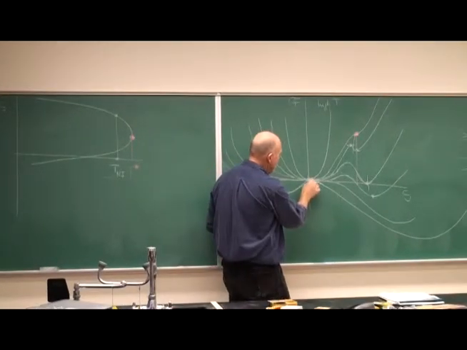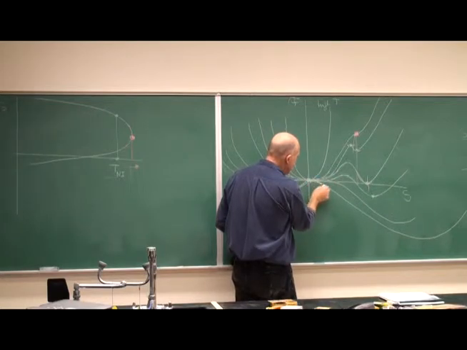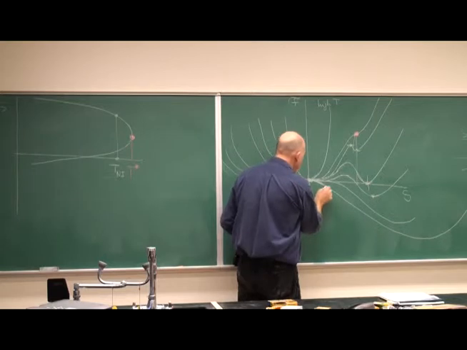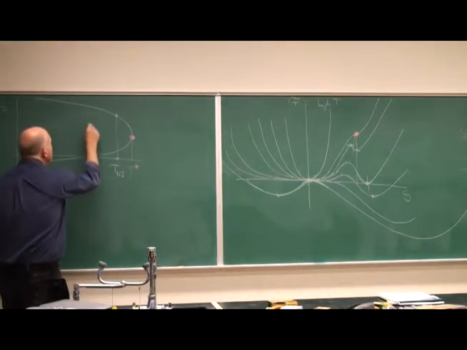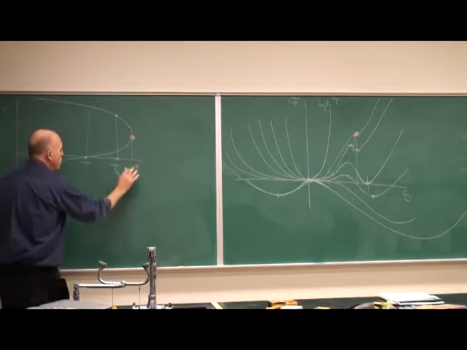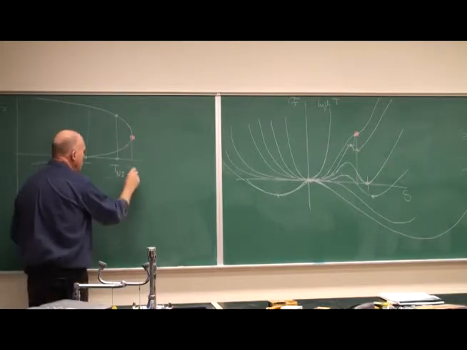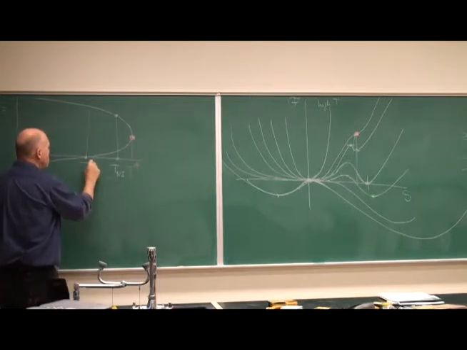So there's a critical temperature when the curvature changes at 0 from upward to downward. I'm going to call this T dagger, I think. That's what I have in the notes. T dagger and T star.